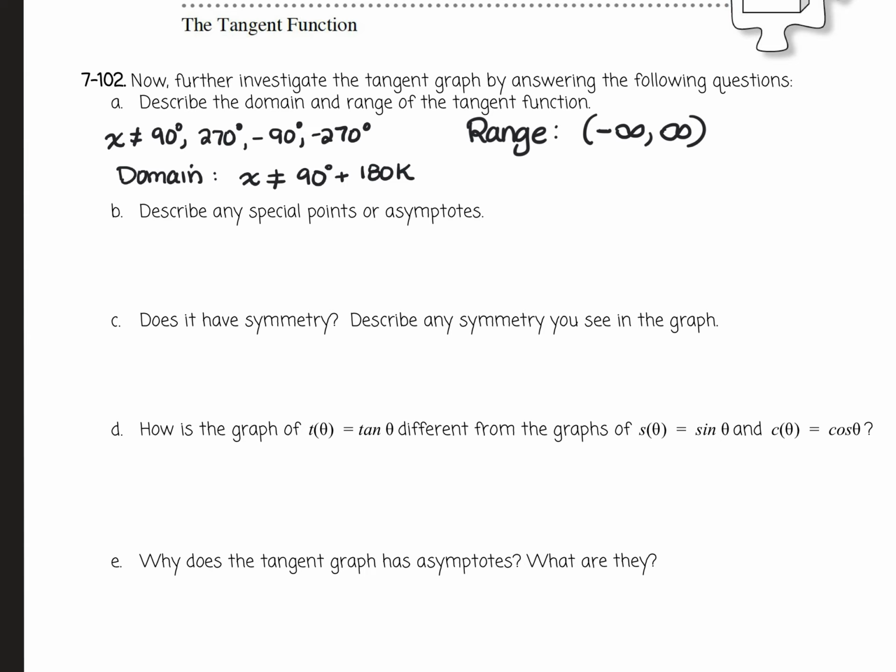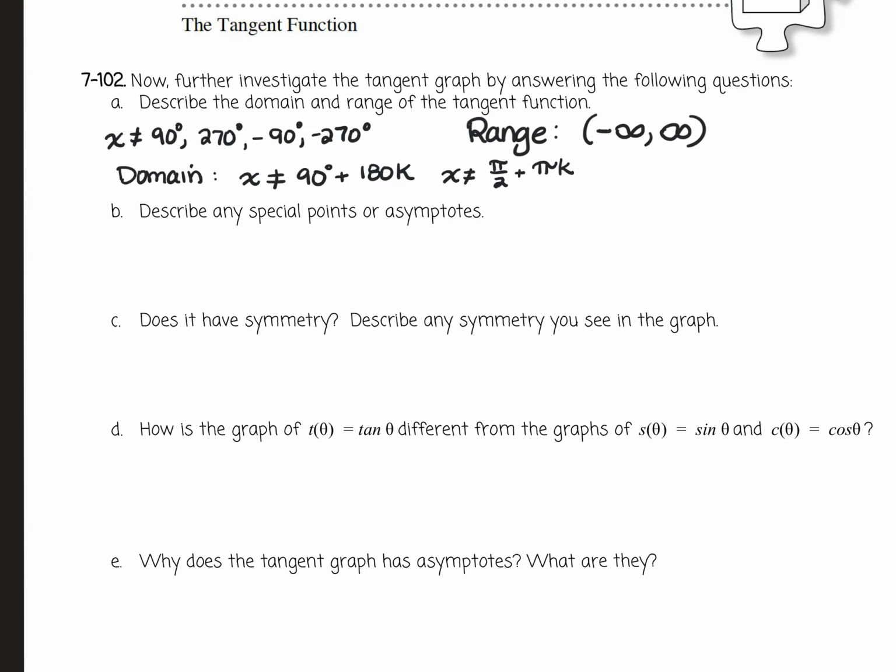I think sometimes you might see n or something else of that nature. But I picked k. And what that means is that some number times 180, if we add that to 90, we're going to get an asymptote. Now, we could also write this as x cannot be pi over 2 plus pi times k. So there's a couple ways you could write that, either in degrees or radians.